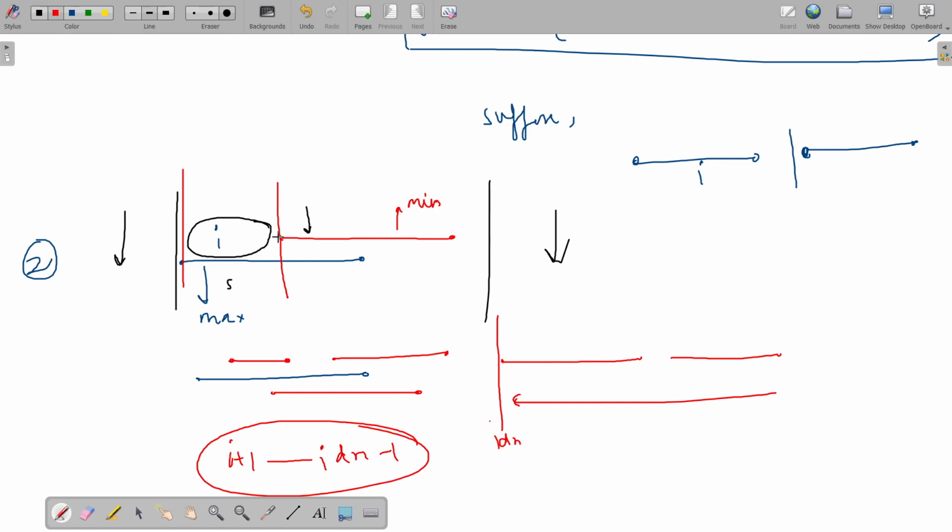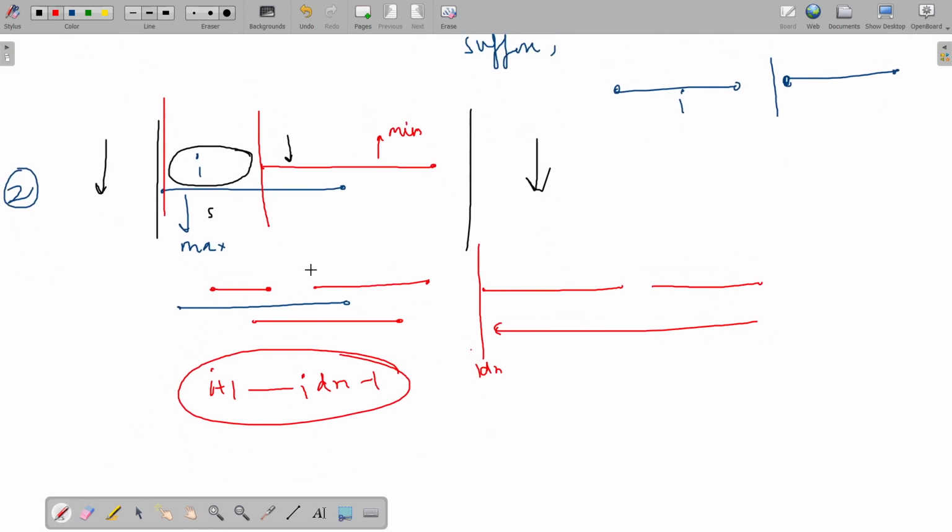So how can we maximize it? We can maximize it by making sure that this other segment starts as far as possible. For example, if you compare this segment and this segment, this segment is obviously partially overlapping, and this segment is also partially overlapping. So both of their endpoints are to its right.